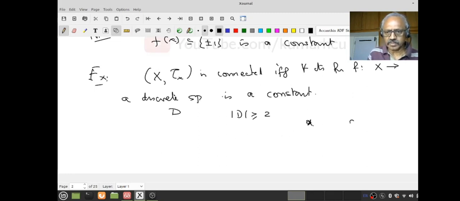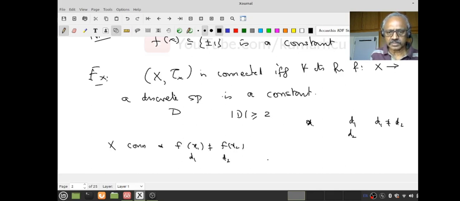Let's start with d1 and d2, d1 not equal to d2. If X is connected and there is an f from X to D which is not a constant, that means there is at least f of x1 not equal to f of x2. Call these d1 and d2.